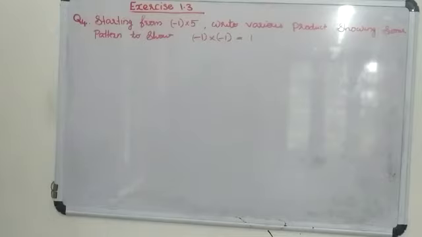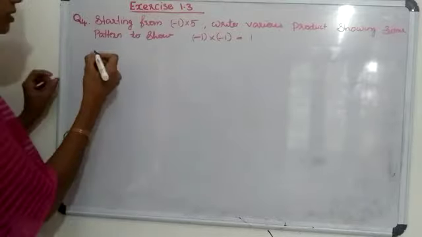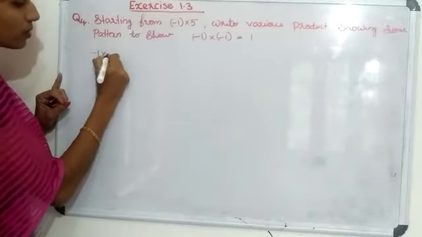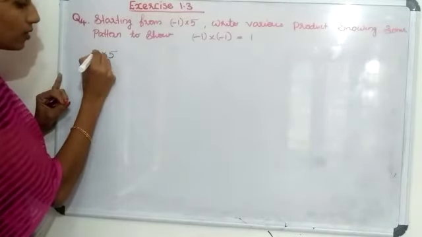So question number 4: starting from minus 1 to 5, write various products showing some pattern to show minus 1 into minus 1 is equal to 1. The same example we did in the last class. So here, starting from minus 1 times 5.